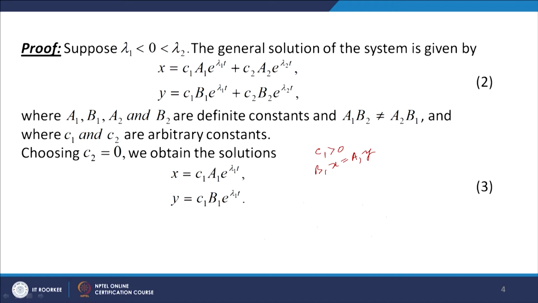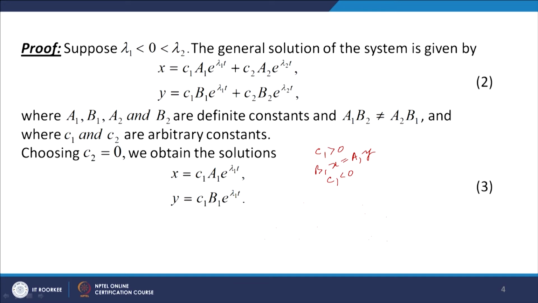And since lambda 1 is negative, as t goes to infinity, x goes to 0, y goes to 0. So, that means the half line path b1 x equal to a1 y enters (0, 0) as t goes to infinity, and when we take c1 to be less than 0, we get the other half line path given by the line b1 x equal to a1 y.